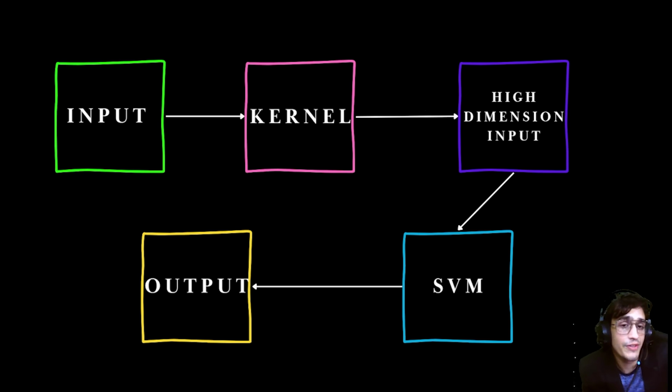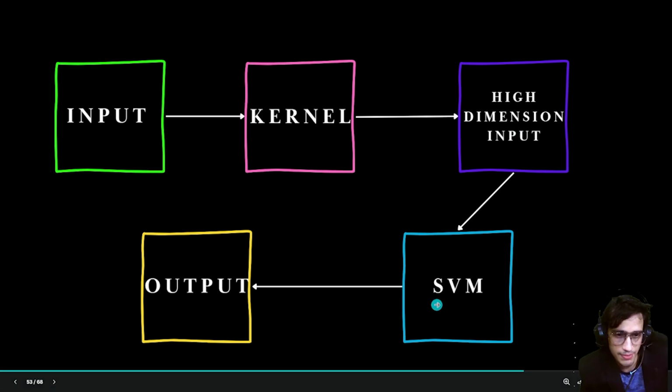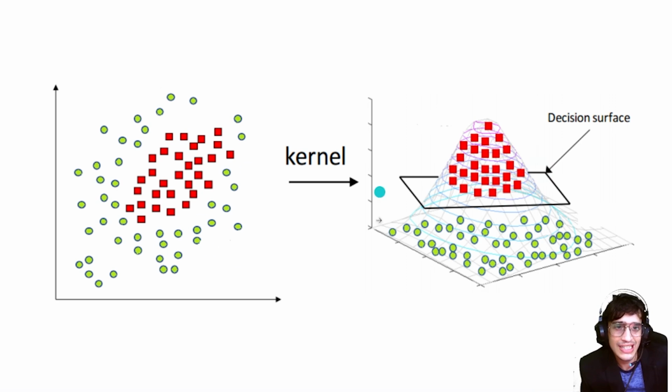How we can apply it, and how we make the function, is that different data sets require different kernels, which we have to make. We will see that in the coding. The kernel gives the high dimensional input, and then this high dimensional input is fed into SVM, and we get an output. So this is what the kernel does to our data set.